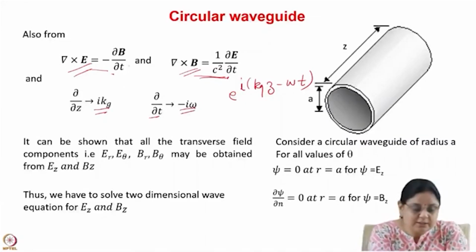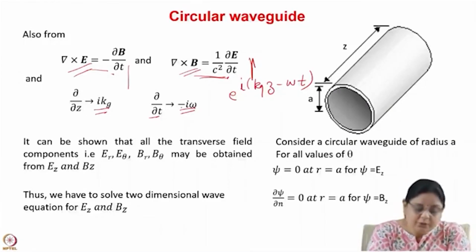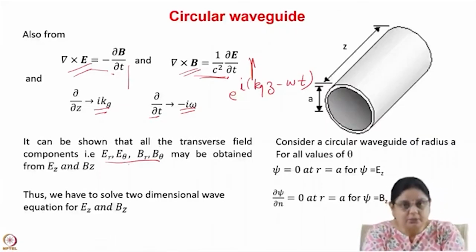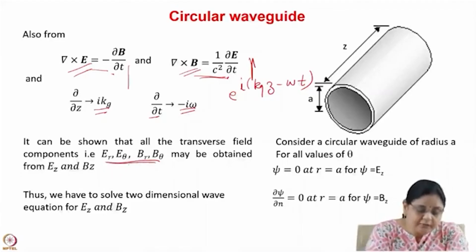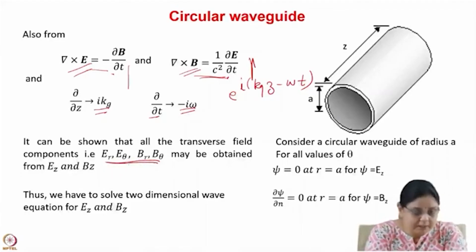So in these three equations and in these three equations, if you substitute del by del z with i kg and del by del t with minus i omega, you can see that all the transverse components, that means Er, E theta, Br, B theta, can be obtained from Ez and Bz alone. You just need to solve for Ez and Bz, and then using that you can get the values of Er, E theta, Br and B theta. So we have to solve the two-dimensional wave equation only for Ez and Bz.